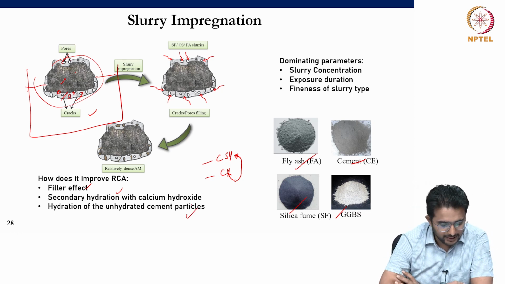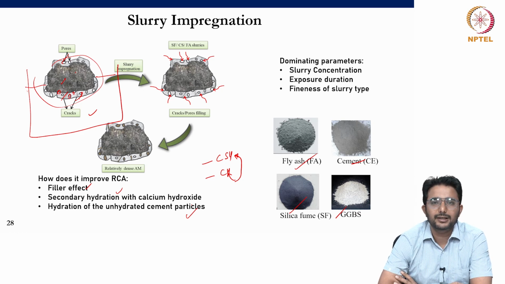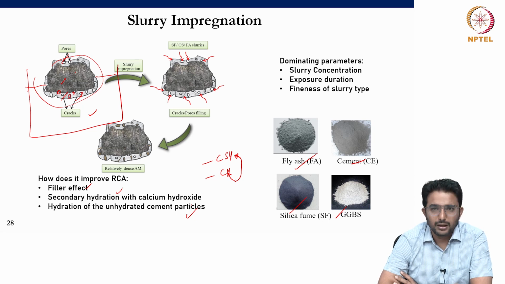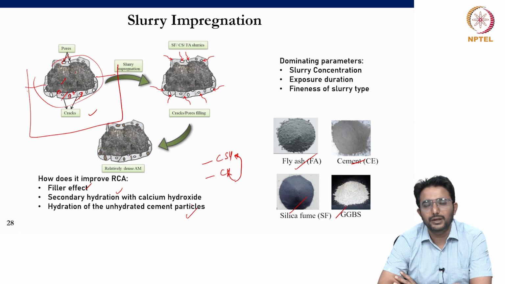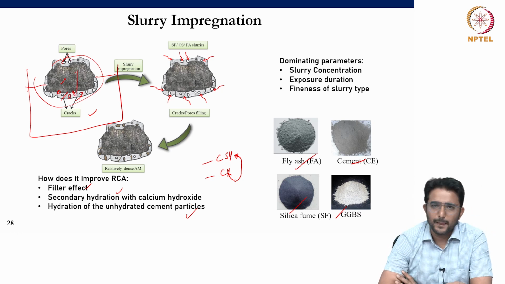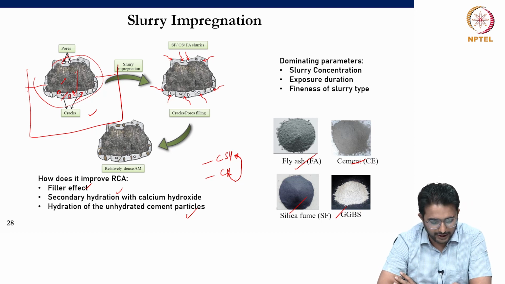And the other is the hydration of the unhydrated cement particles. As we know, complete hydration of cement takes too much time, and when the recycled concrete aggregates are produced from recently built structures, there will be a significant quantity of unhydrated cement particles. When we keep these aggregates in the slurries, water will go inside and lead to the hydration of the unhydrated cement particles.